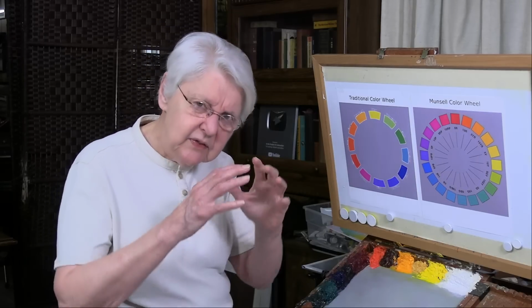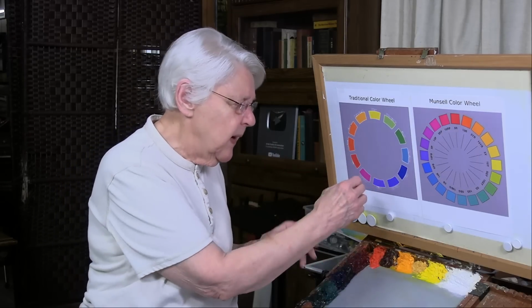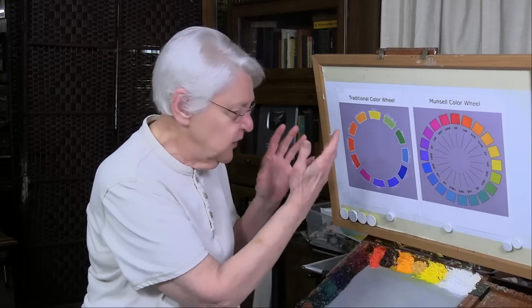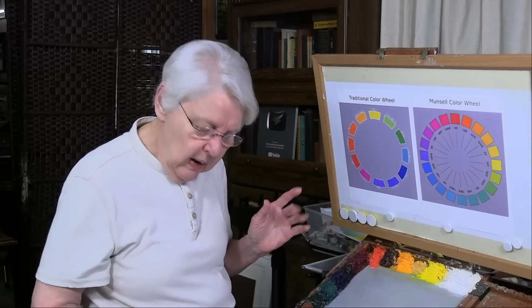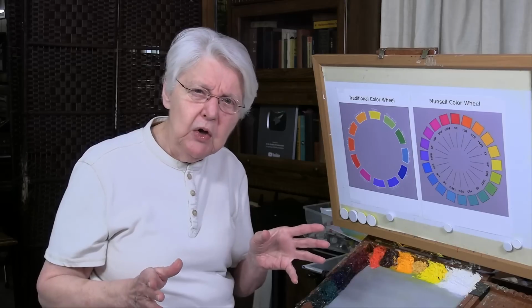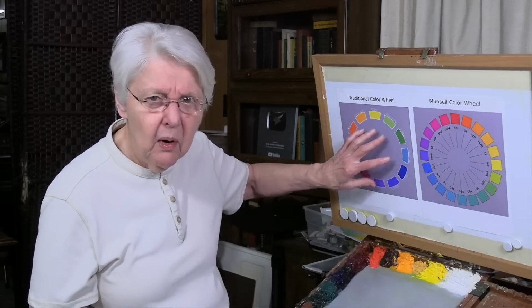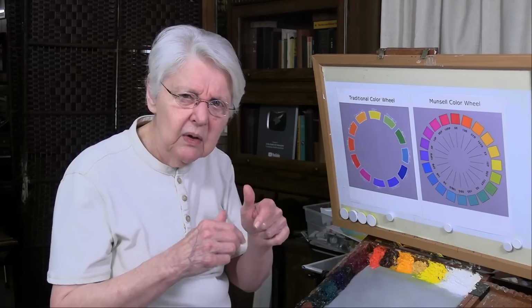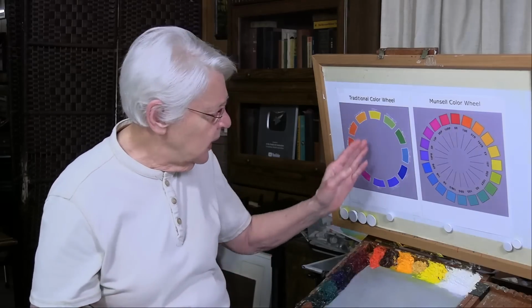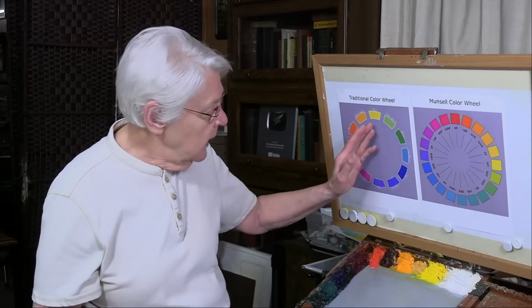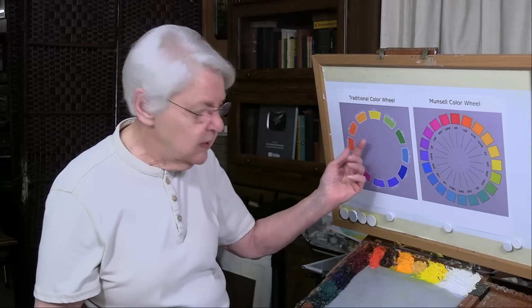Okay, so that's the difference: mathematical versus intuitive. But both of them require that you learn stuff. Intuitive requires that you learn the way color behaves, the way colors affect each other, what the relationship is on the wheel, and how these colors behave when they're mixed into each other.